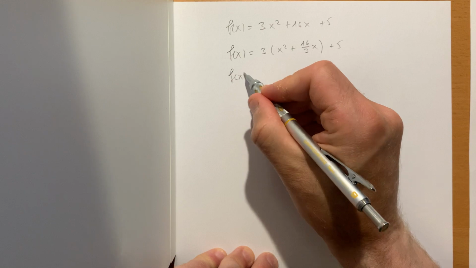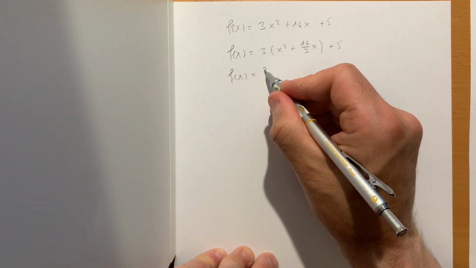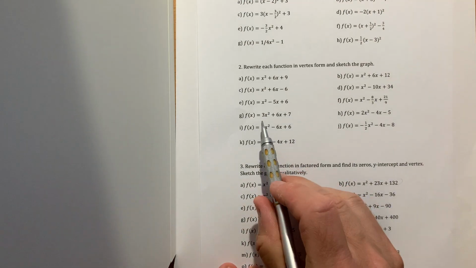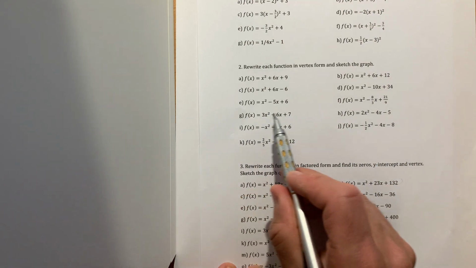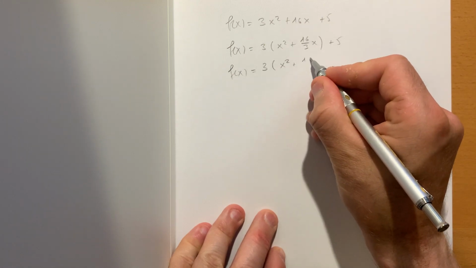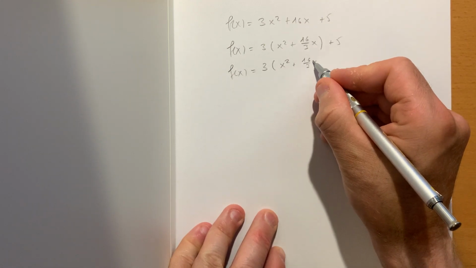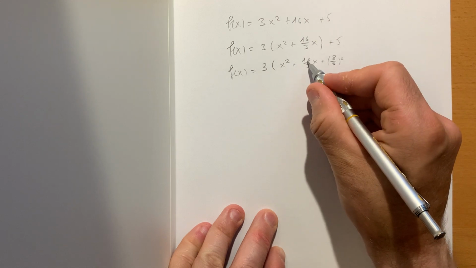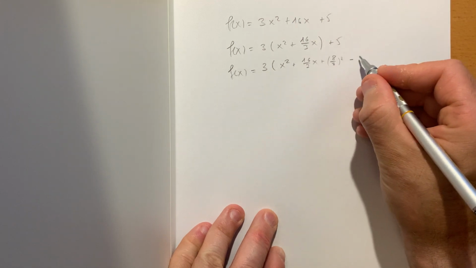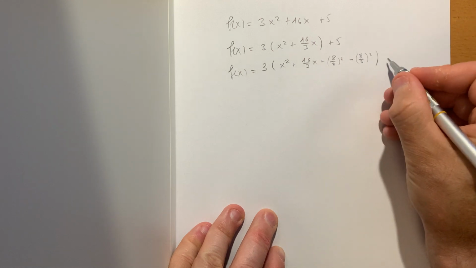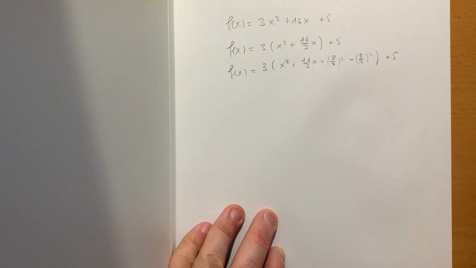Now what do you do then? You complete the square. It's like these exercises up here. You see? So x squared plus 16 thirds x plus 8 thirds squared. You add half of this squared, minus 8 thirds squared, brackets close, plus 5.